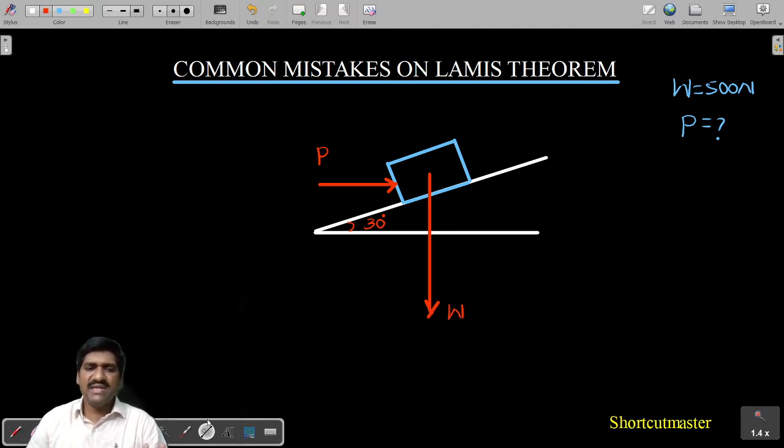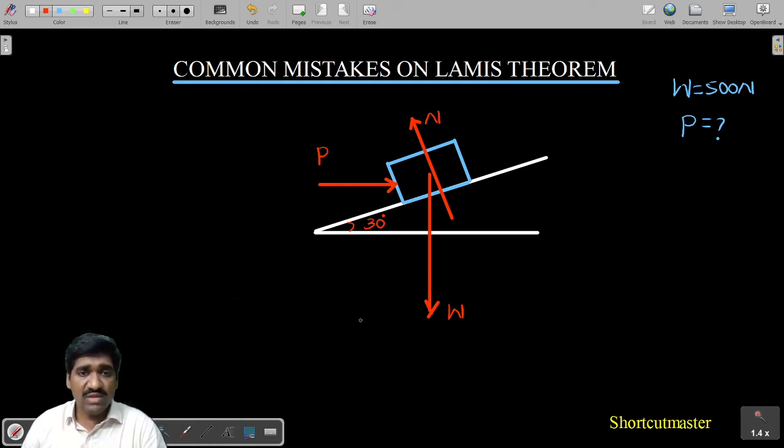At the same time, can I say that this will definitely become the normal reaction or not? Yes, for sure, normal reaction. Totally we have three forces acting on the body. Since three forces are acting on the body and the body is in equilibrium, definitely we can go for the application of Lami's theorem.